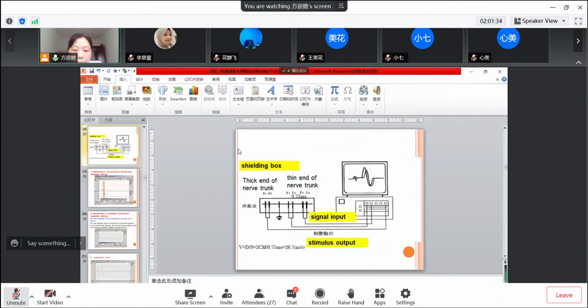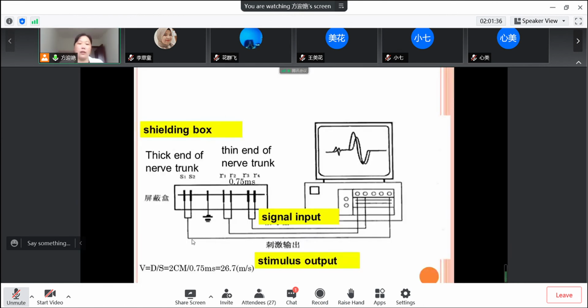Can you understand? We have known that the velocity is equal to the distance divided by the time. The distance is 2 centimeter, and the time is 0.75 microsecond, and then we calculate about 26.3 meter per second.